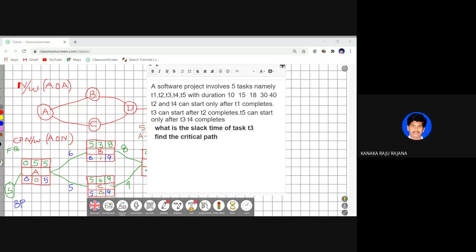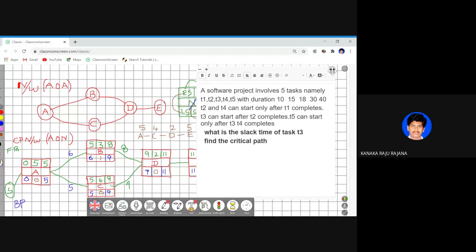I want to know what is the slack time of task T3 and what is the critical path. Critical path means either T1, T2, T3, T4 or T1, T3, T4, T2. It may be any more. Okay. Only thing is you need to find a critical path. Are you able to solve this? Okay.